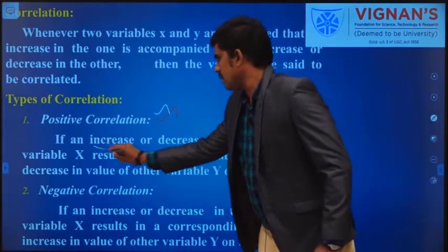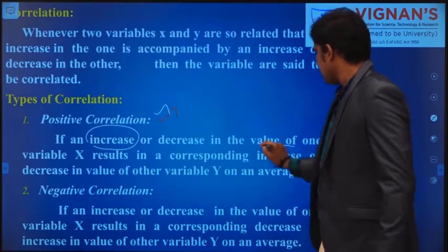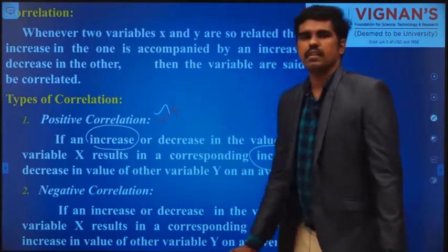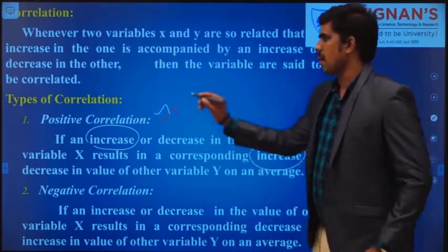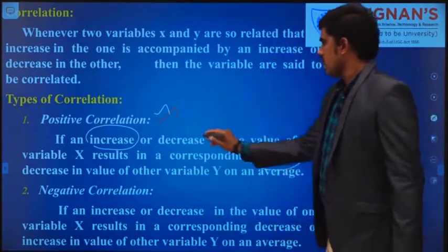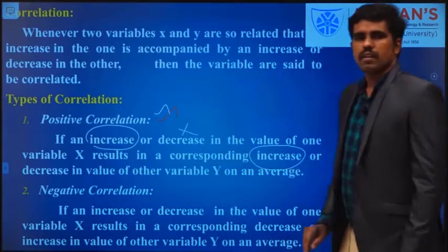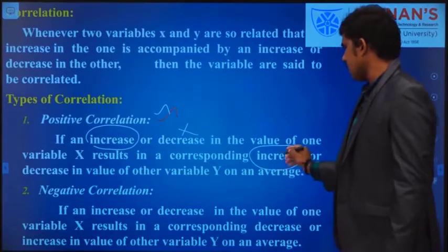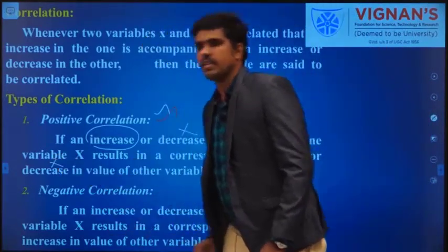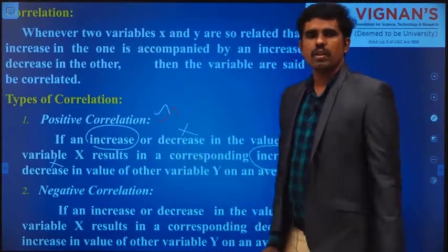If one variable increases and the other variable also increases, then we say the variables are positively correlated. If one variable is decreasing and the other variable is also decreasing, we can say positively correlated, right?